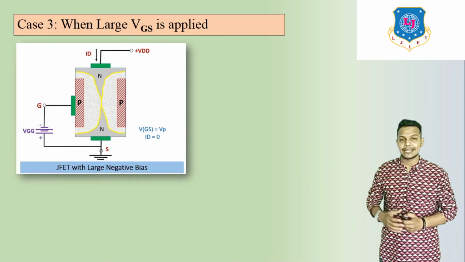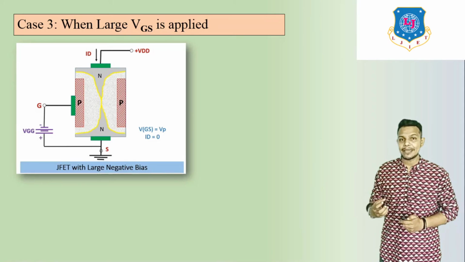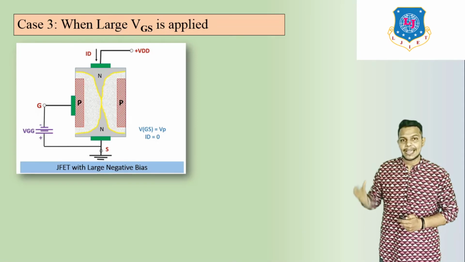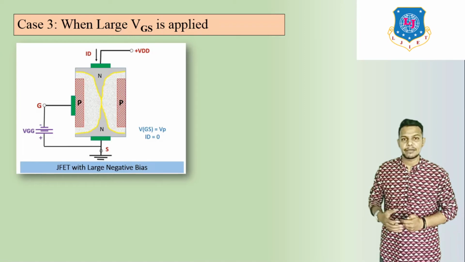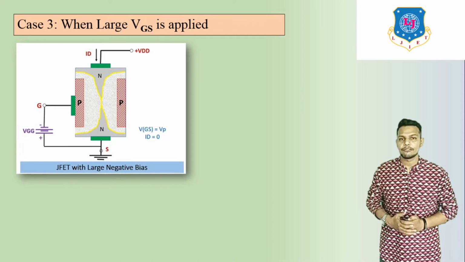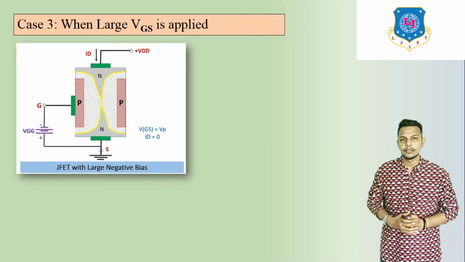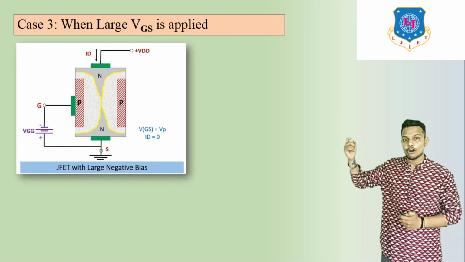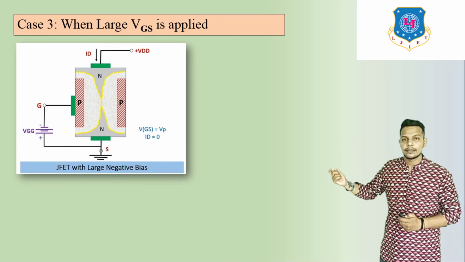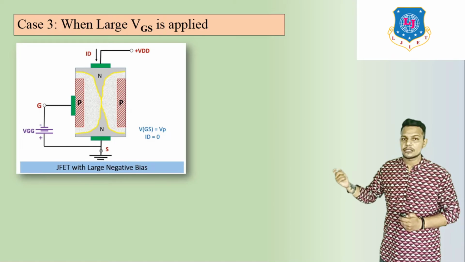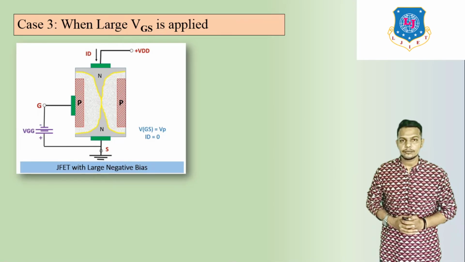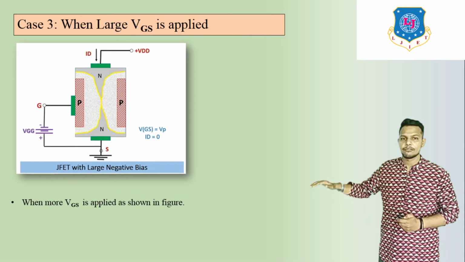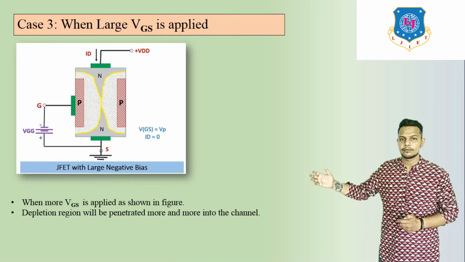That means there is no gap remaining in the N channel. It means if you increase your VGS on the negative side, then the flow of ID becomes reduced. So here we can see VGS is applied as shown in the figure.